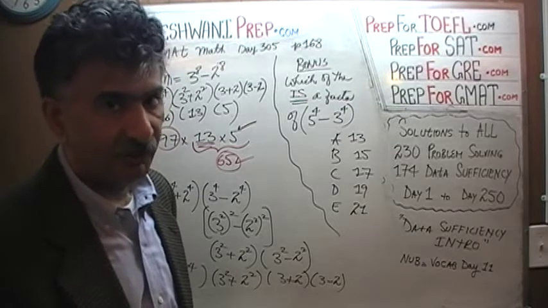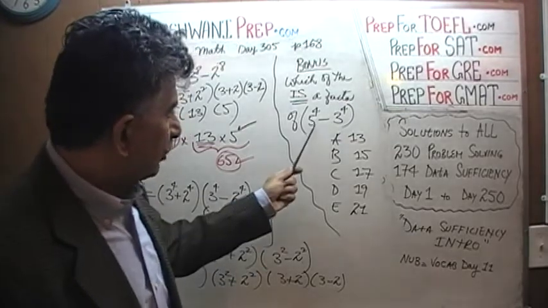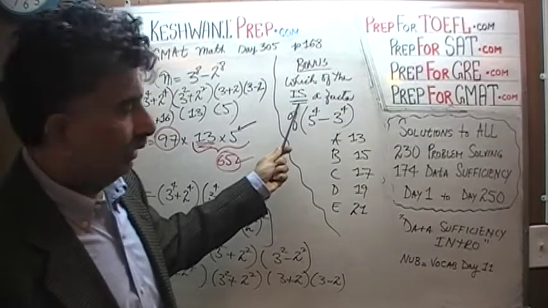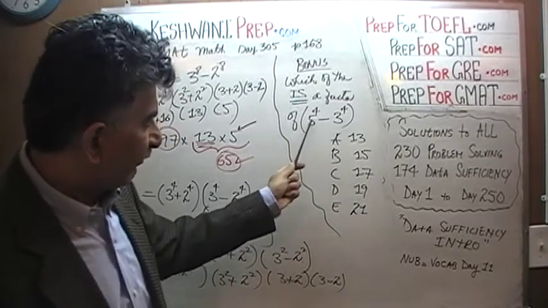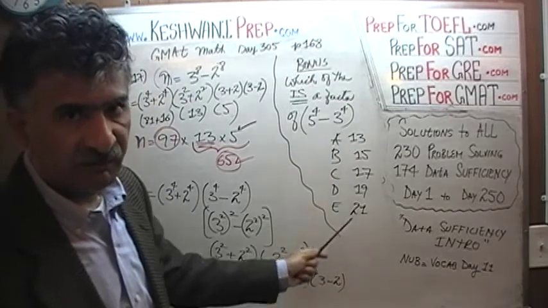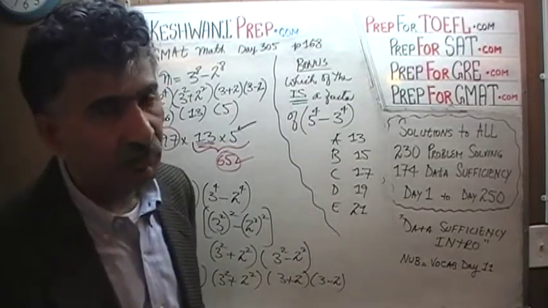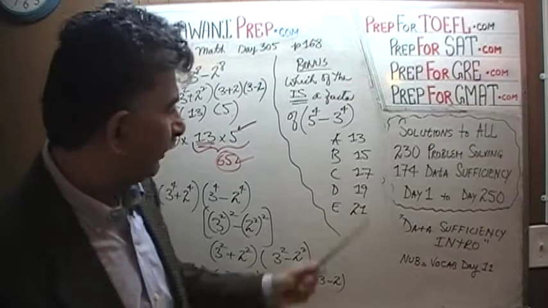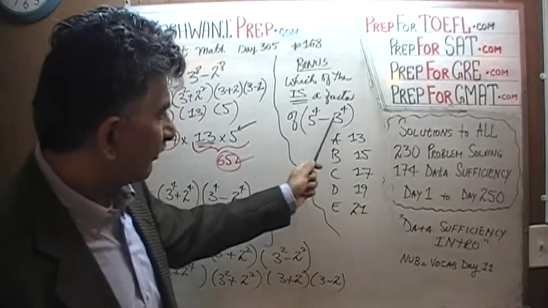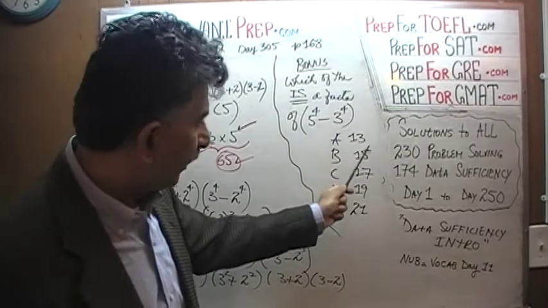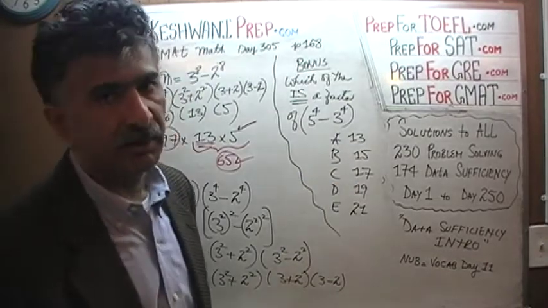It is the converse that we're looking for. Which of the following is a factor of this quantity? There are 5 quantities here, 4 of them are not a factor of this quantity. There is only one quantity that qualifies as a factor. In other words, this quantity can be divided by only one of these 5 numbers. Our job is to locate that number.